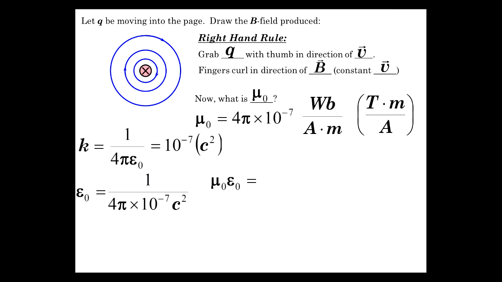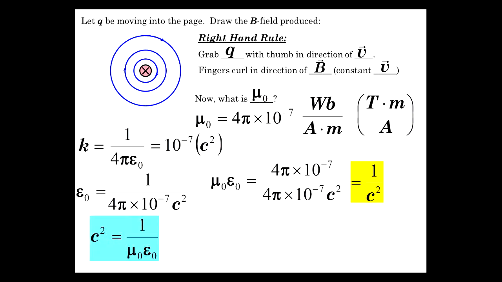So let's bring that together with the permeability constant, the magnetic and electric constants. So we multiply them together, we get this, which gives us 1 over c squared. So we see a rather intimate connection between these magnetic and electric constants and the speed of light.